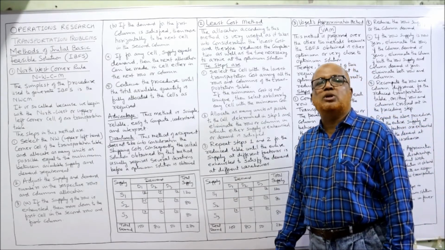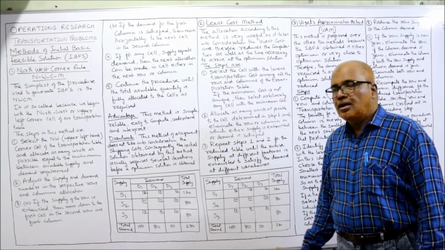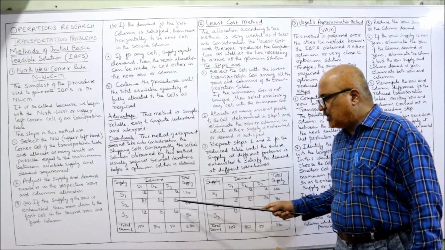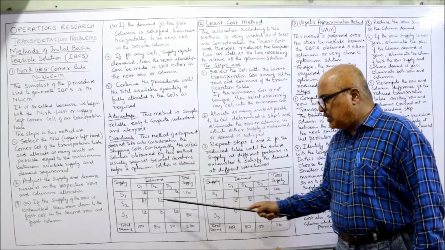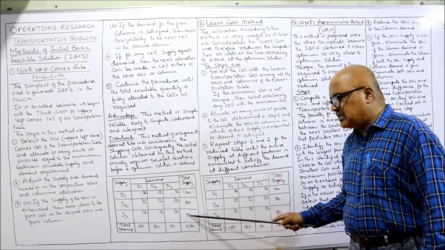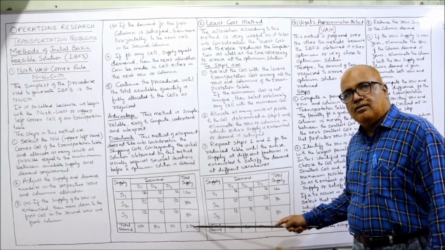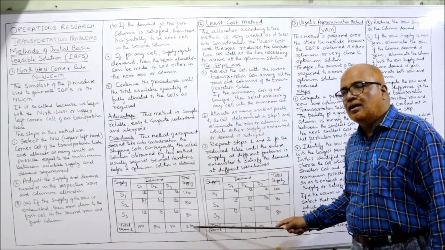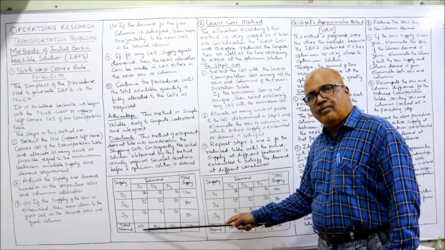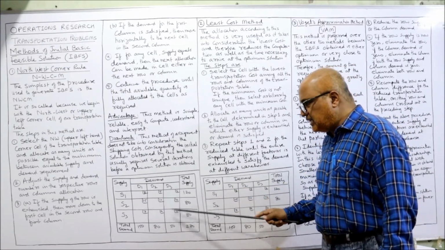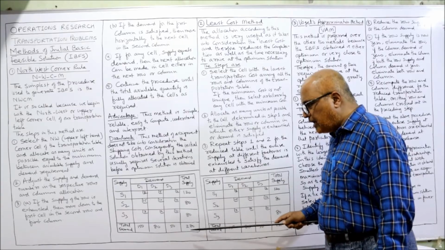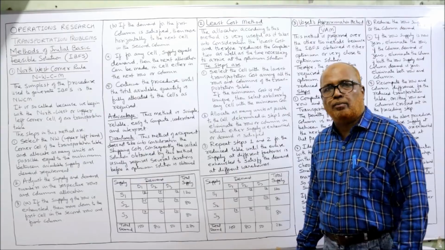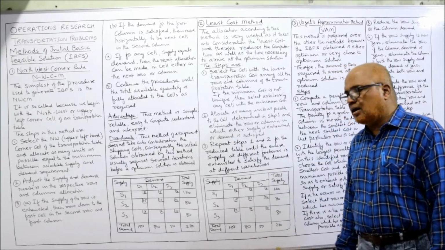The number is the transportation cost, right? The total supply of S1 is 120, S2 is 80, S3 is 80. If you take the total, it is 280 units of total supply. The demand for D1 is 150, D2 is 80, D3 is 50. If you add up the total demand, it is 280. It's a balanced problem where total demand and total supply are equal.